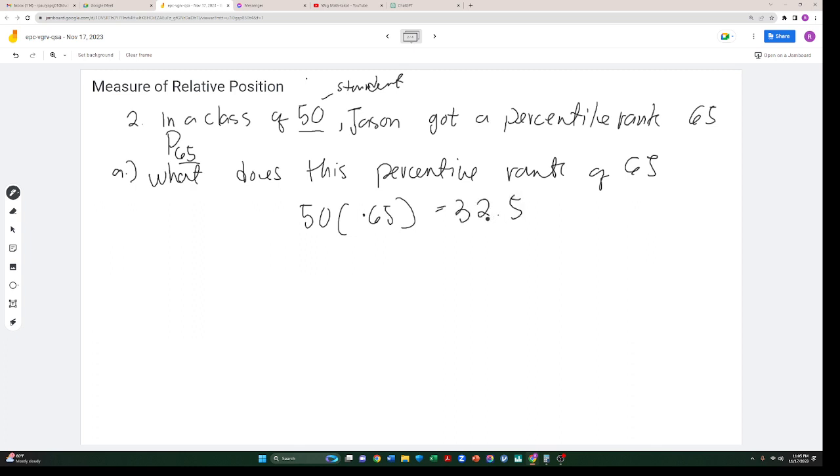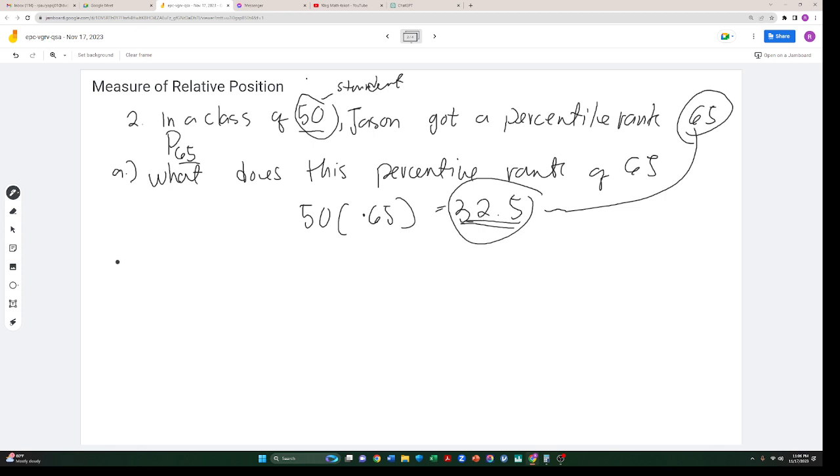So, the percentile rank of Jason is 65 out of the 50 students who took the exam or quiz. Therefore, his rank is 32.5 percentile points. Okay?